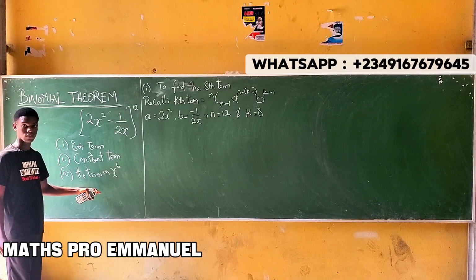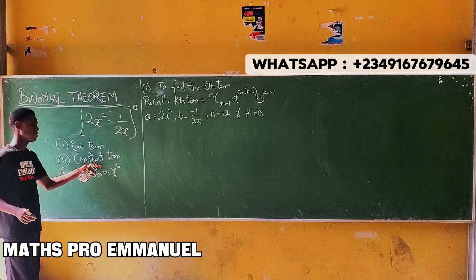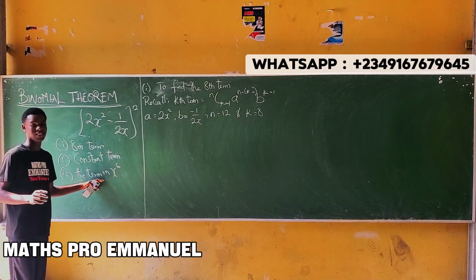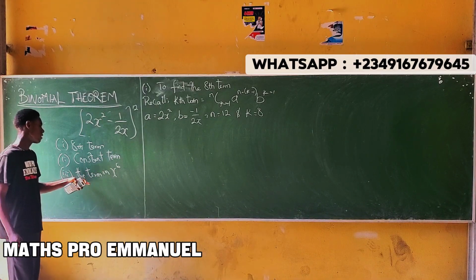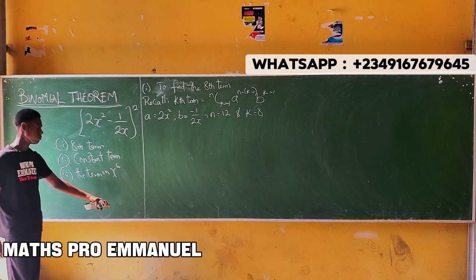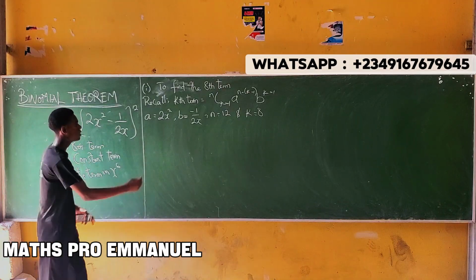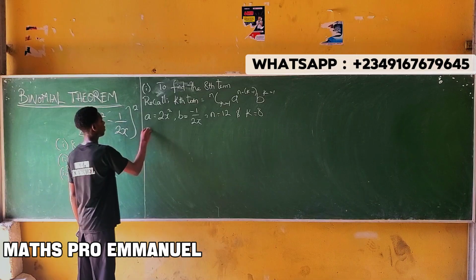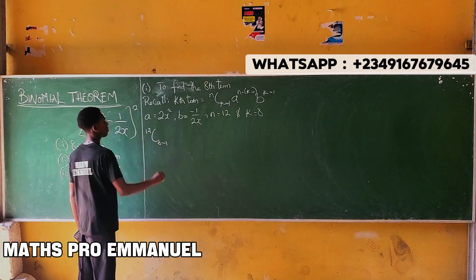So if you want to skip this video and say you can find the constant term on your own, you're just wasting your time, because once you see a question asking for the term in x to the power of 6, it's a different approach altogether. But when they say find the 8th term, I'm doing what I'm doing right now. So k is 8. Now let's input all this into the formula. I'll have 12 combination, and k is 8, so 8 minus 1.